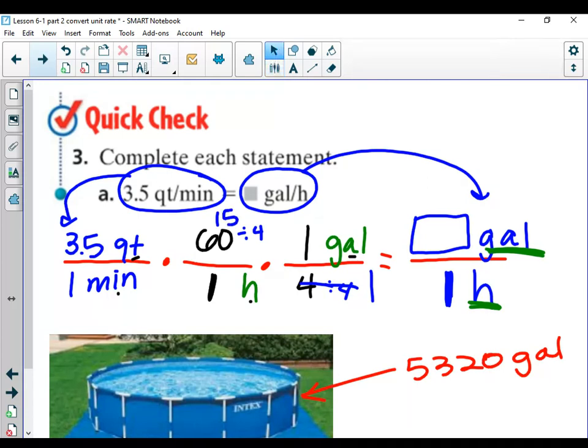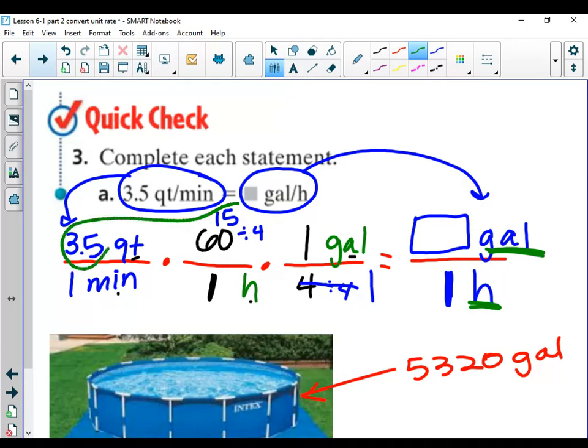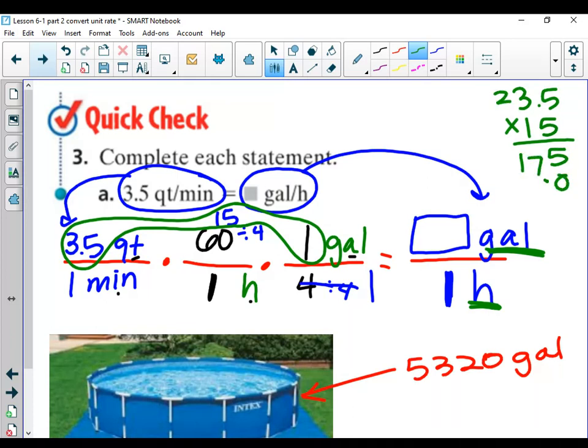So what do I have to multiply? 3.5 times 15 times 1. 52.5 gallons per hour.